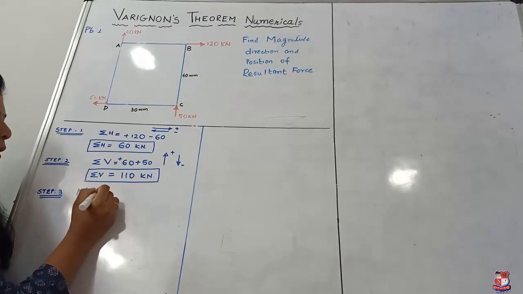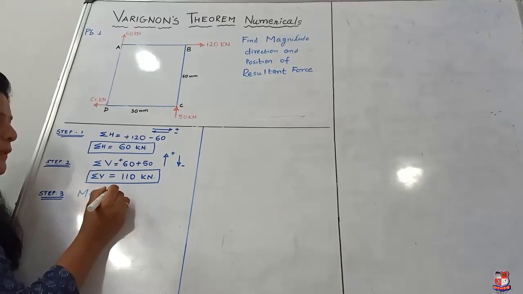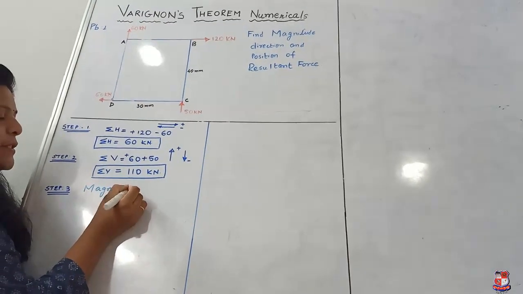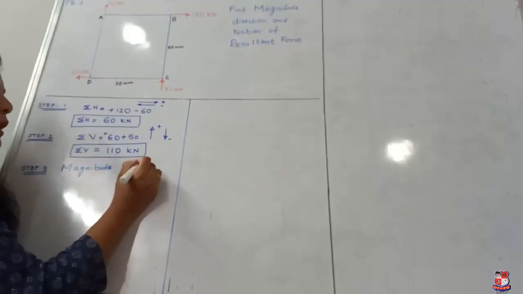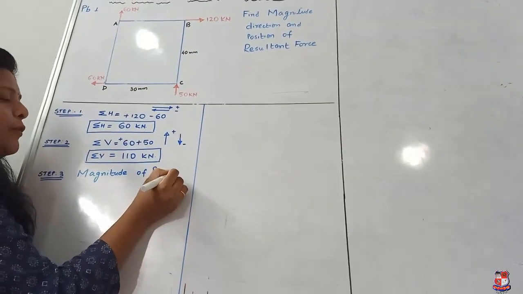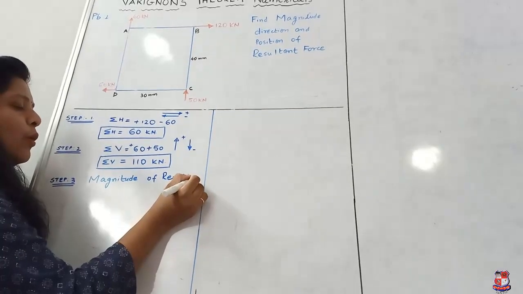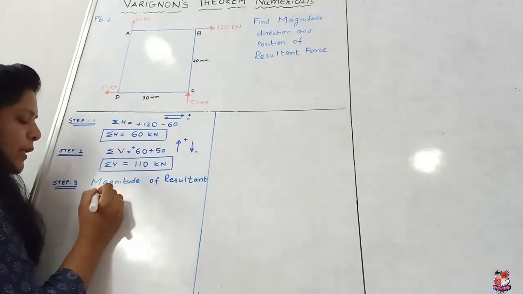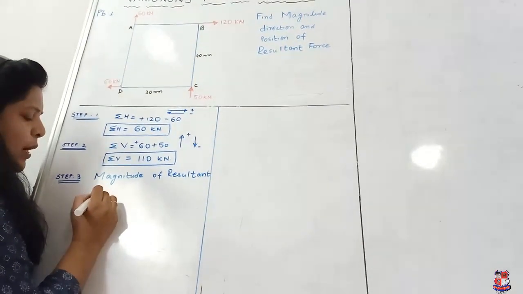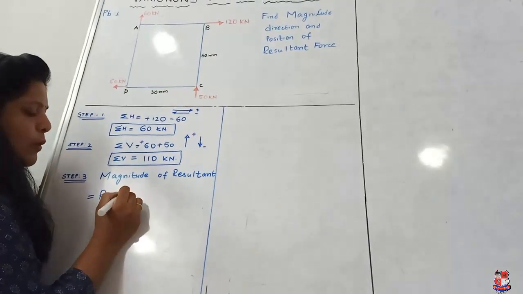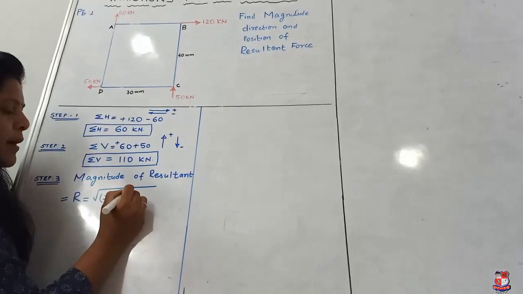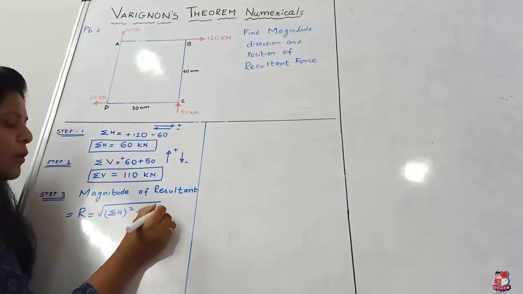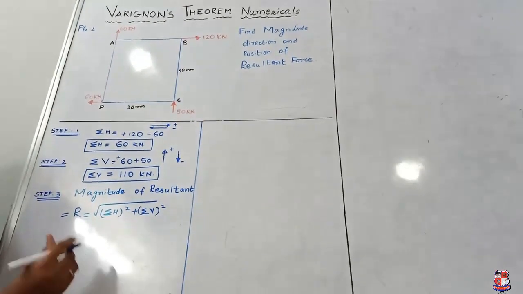Then the third step is to find the magnitude of the resultant. How do we find it? We have studied in our method of resolution that the magnitude of the resultant force R is equal to the square root of sigma H squared plus sigma V squared.